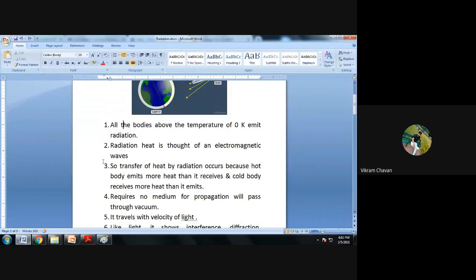Then the fourth one: it requires no medium for propagation. It will pass through vacuum.